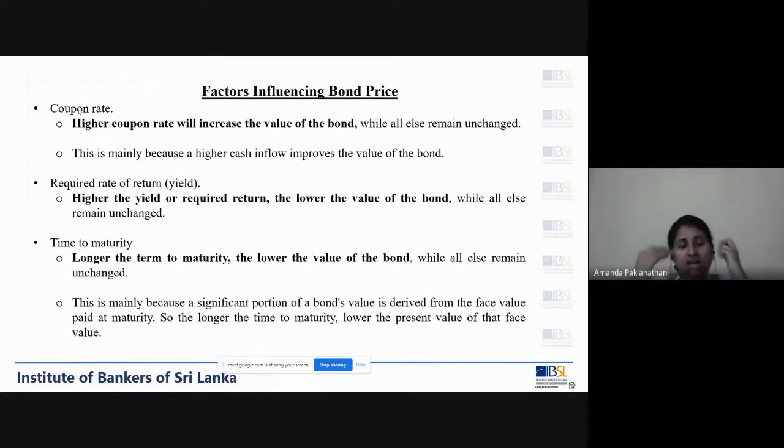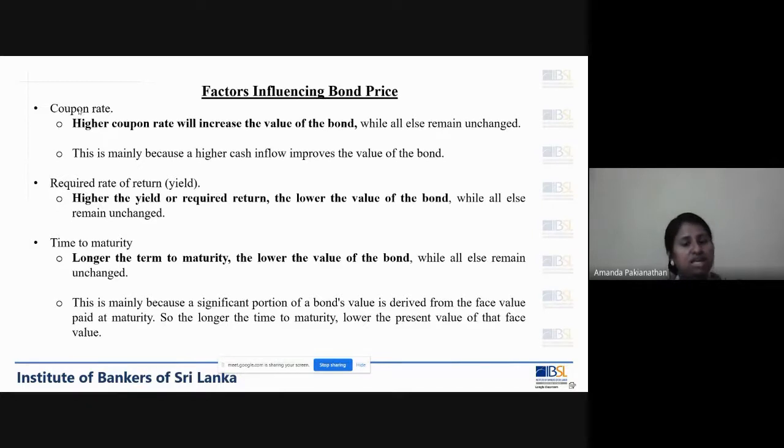One is if it has a longer term to maturity, high levels of fluctuations coming in, uncertainty, therefore they expect a higher rate of return. If you have a lot of uncertainty in the market, you expect a higher rate of return, right? Therefore also the value of the bond will decrease. That is one way to justify.